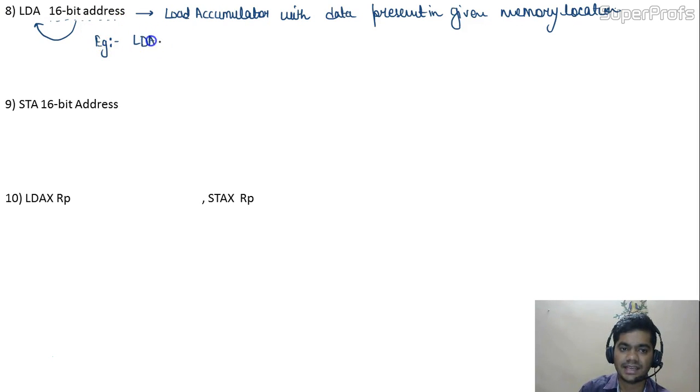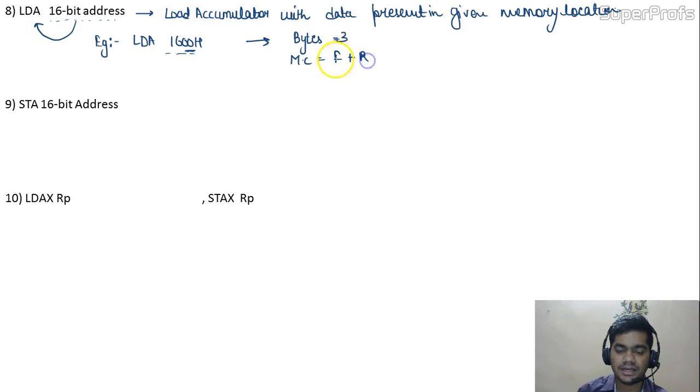For example, we are taking LDA 1600H. With the help of this, we are going to find what are the bytes required. We can see that there would be 3 bytes required because a 16-bit value is present, and the machine cycles involved would be: first the fetch operation. In the second machine cycle, the lower byte of the address would be read, and in the third machine cycle, the higher byte, that is 16, is going to be read from the memory.